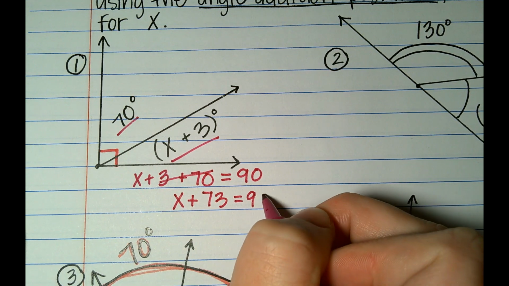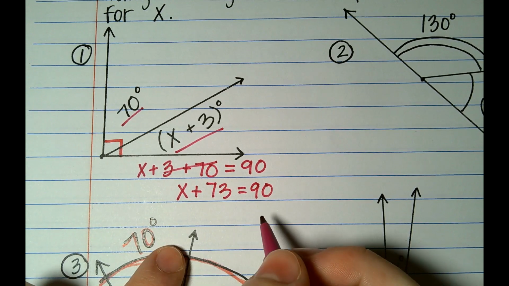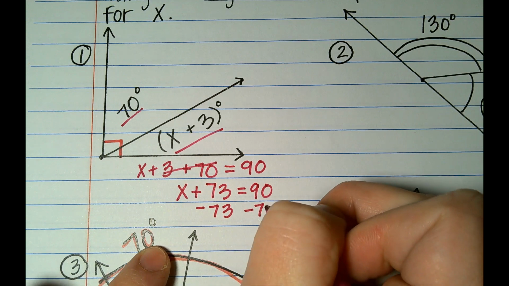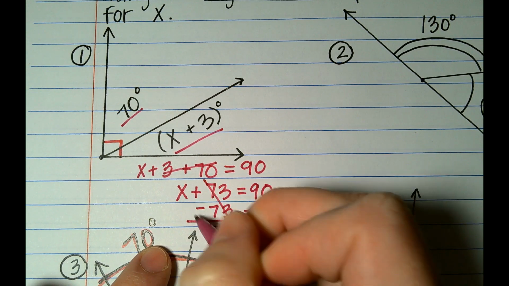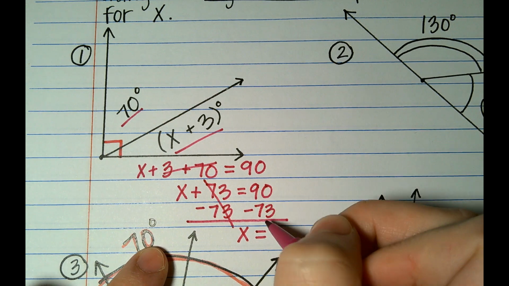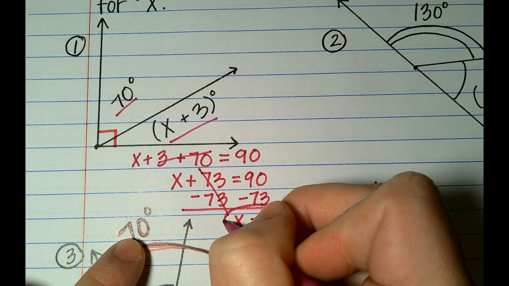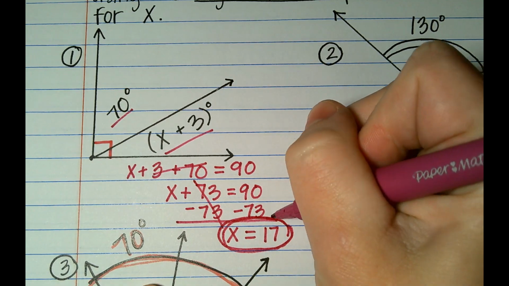Now we take 73 away from both sides. So it's going to be x equals 90 minus 73, which is 17. So for number 1, x is 17.